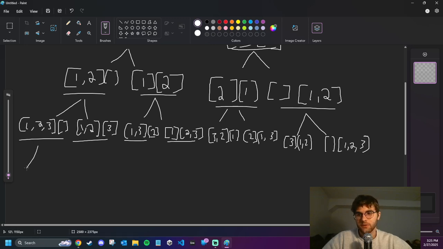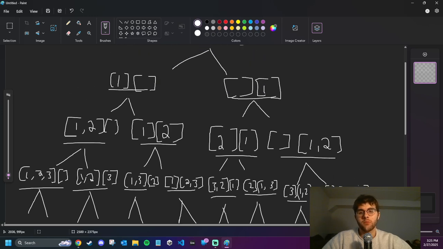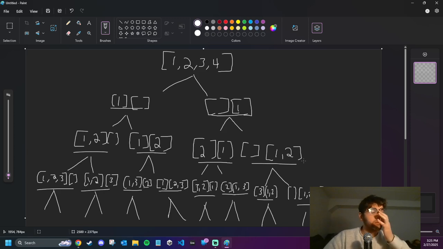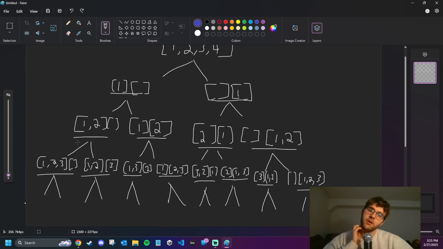Each one of these will have 2. And then what we do is check if any of these have the same sum, right? So we would check for each leaf node, does the first subset sum equal the second subset sum? And then we return true if any one of them is true.